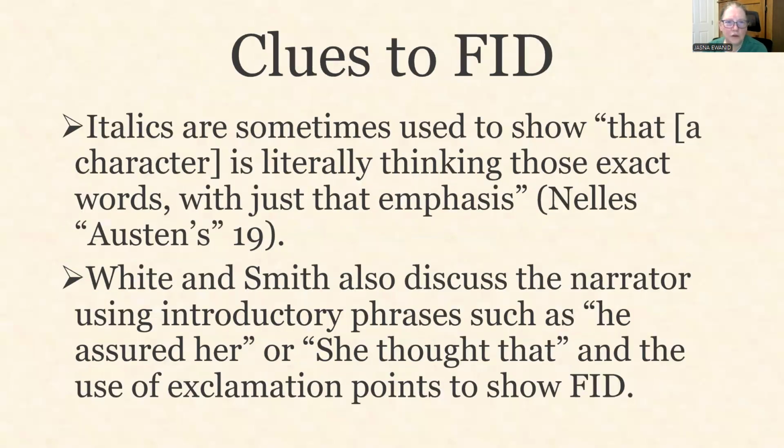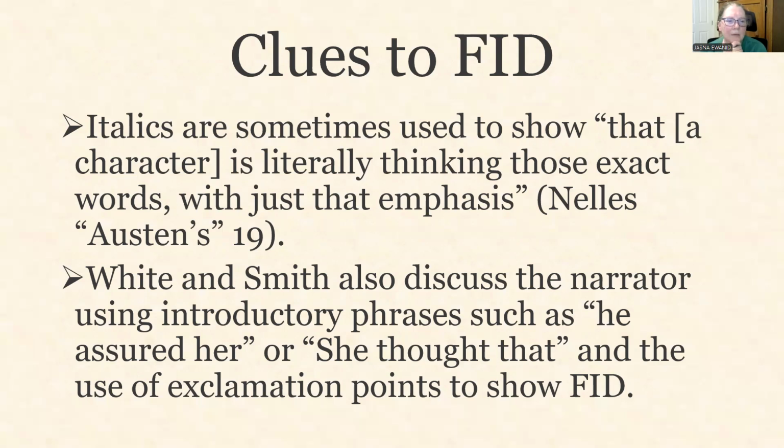So there are some clues that you've got free indirect discourse. Italics are sometimes used to show that a character is literally thinking those exact words with just that emphasis. And if you've ever looked at Austen's manuscripts, she does use emphasis a lot of times where she underlines things.